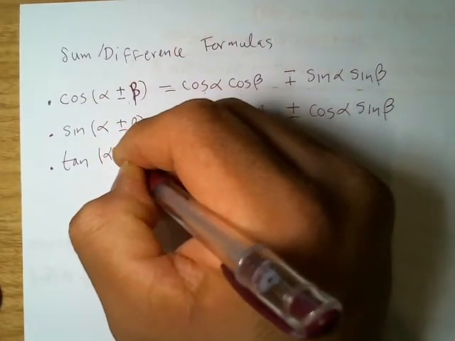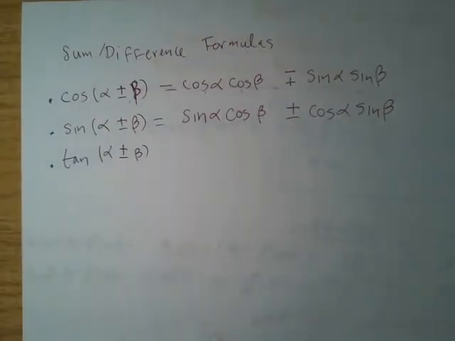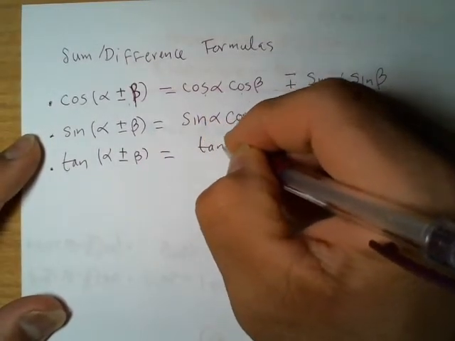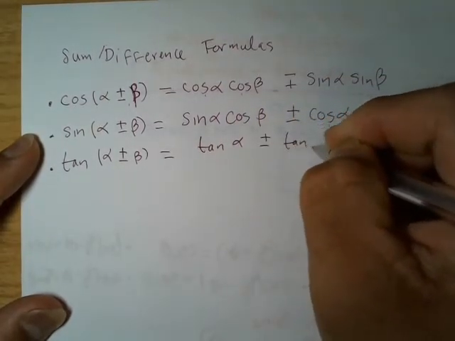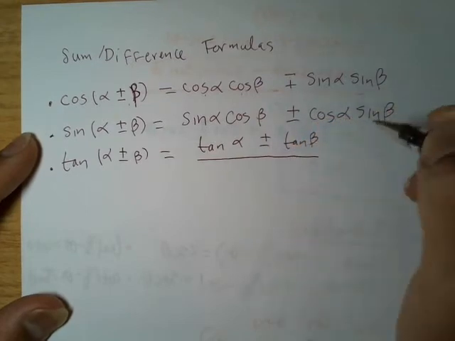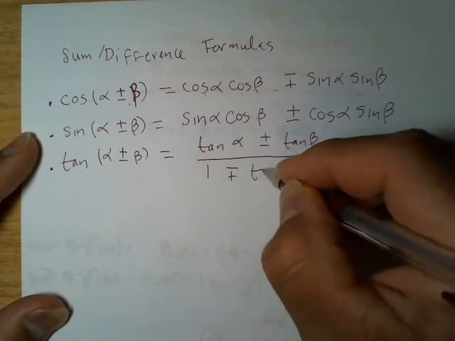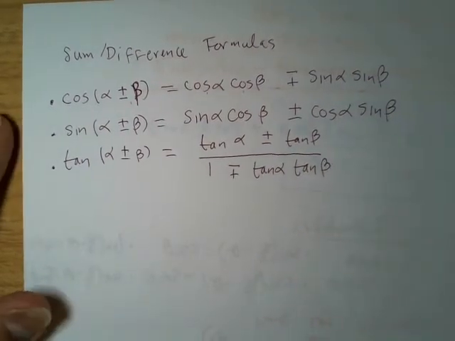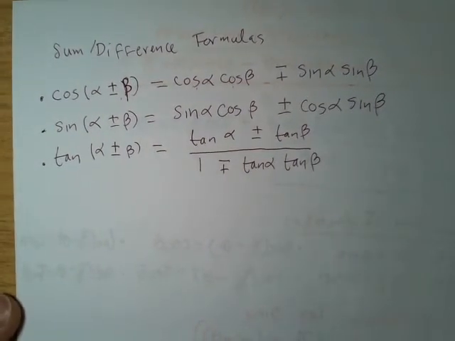If you always forget the tangent, you can simply split it up as sine over cosine and work from there. But if you have these handy, you can use tangent of alpha plus or minus tangent beta over 1 minus or plus tangent alpha, tangent beta.